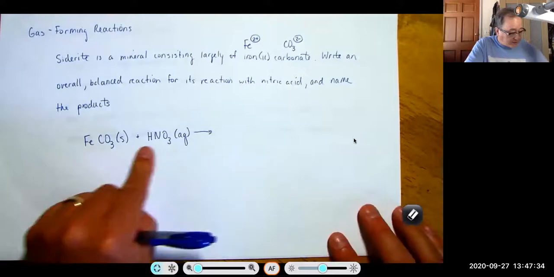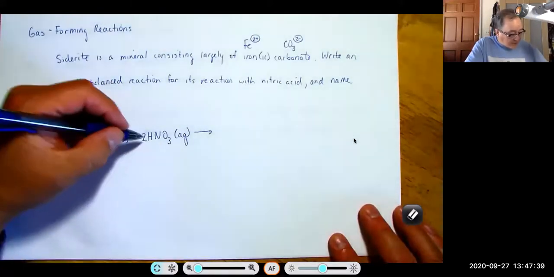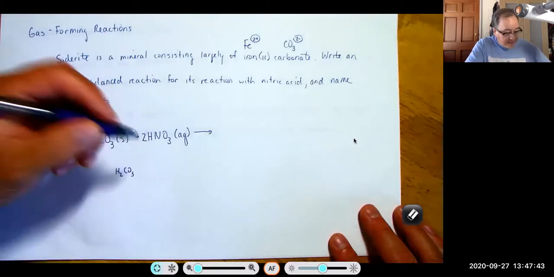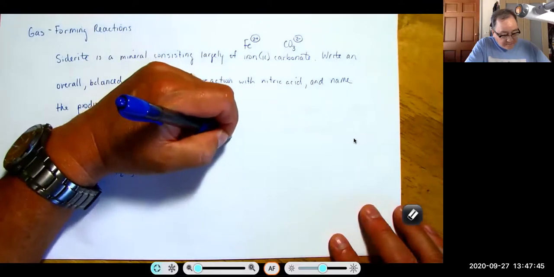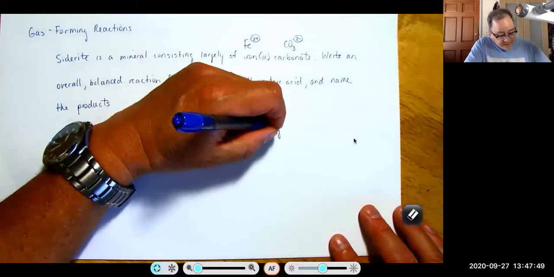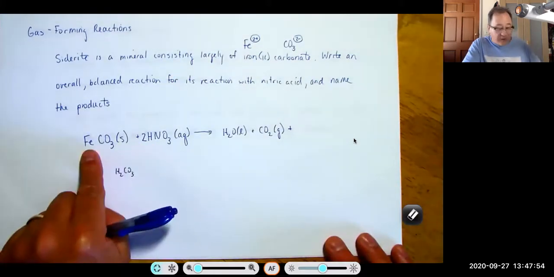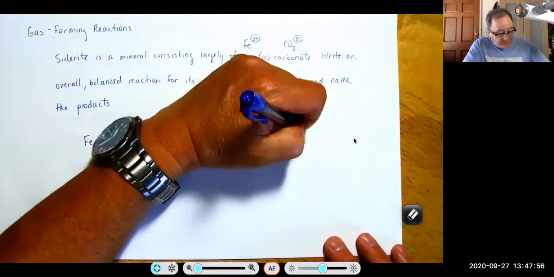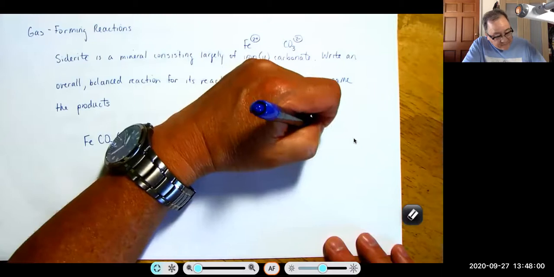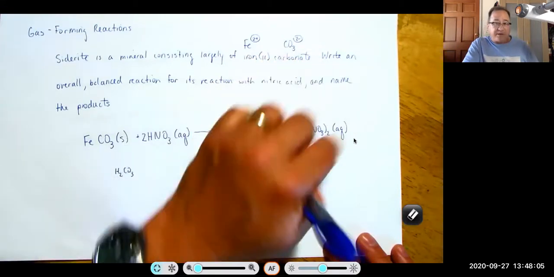I only see one here, so I'm going to put 2. So those 2 hydrogens in that carbonate will make H2CO3, which make H2O plus CO2. And then we have to look at what's left over. We have the iron 2 ion, and we have 2 nitrates. And this is, of course, aqueous because of the nitrate.